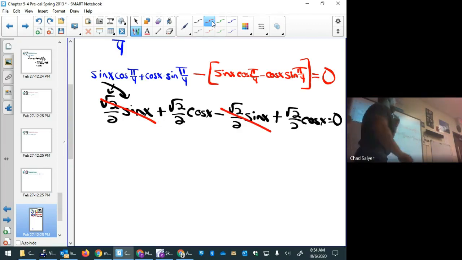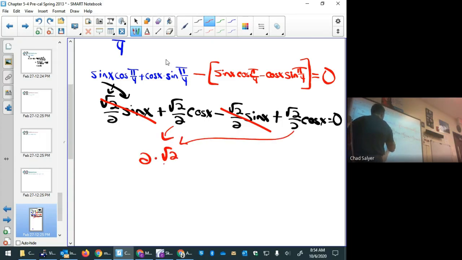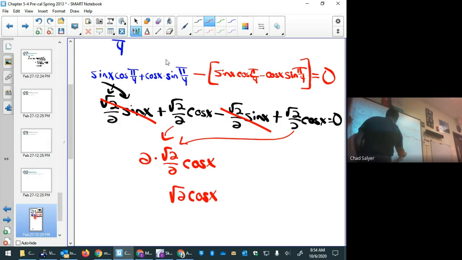And so I have 2 times the square root of 2 over 2 cosine x, so 2 times the square root of 2 over 2 is just radical 2. See how the 2's would cancel there. And that's equal to 0.